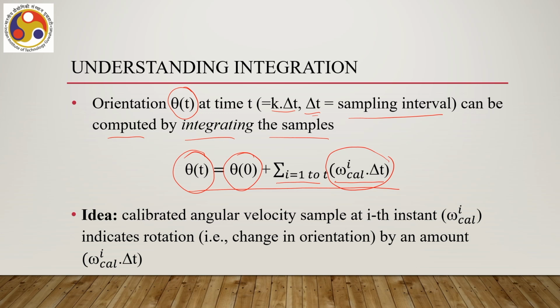The idea is that the calibrated angular velocity sample at the ith instant, which is w cal i, that is the angular velocity sample that we are getting from the gyroscopic sensor, indicates rotation, or in other words change in orientation, by an amount w i cal delta t.